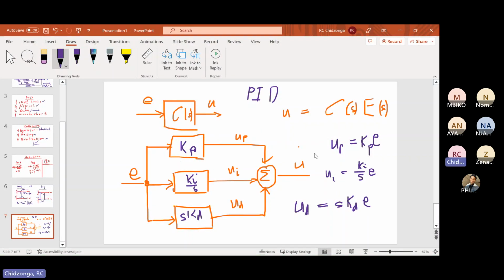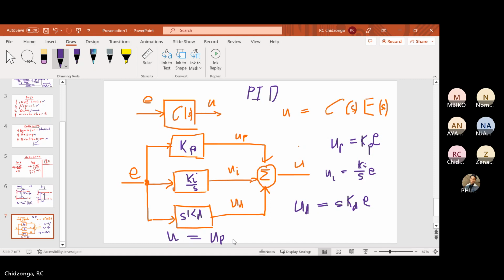So that the total output signal U is the sum of these three components. The component proportional to the error plus the component proportional to the integral of the error plus the component proportional to the derivative of the error. Right? That gives you the output.